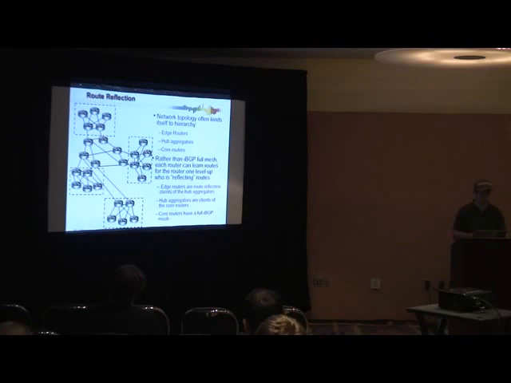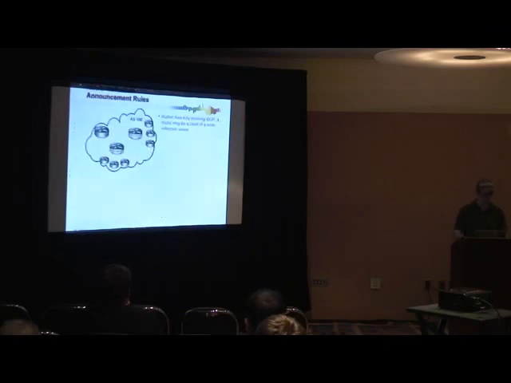So the edge routers become route reflection clients of the hub routers, and the hub routers become route reflection clients of the core routers, and the core routers, being at the highest level of the hierarchy, do a full iBGP mesh.